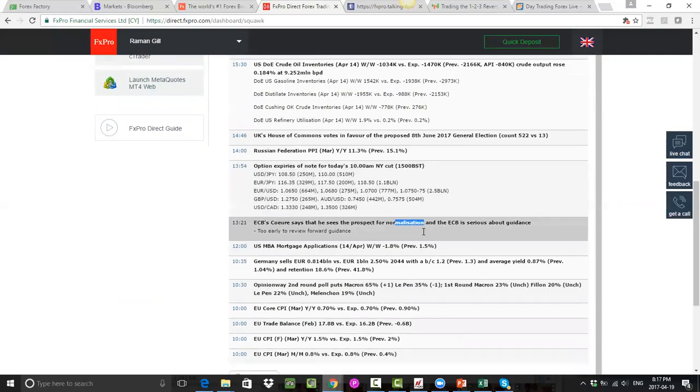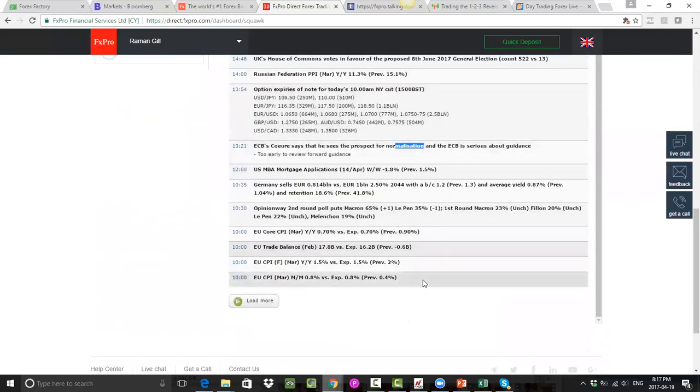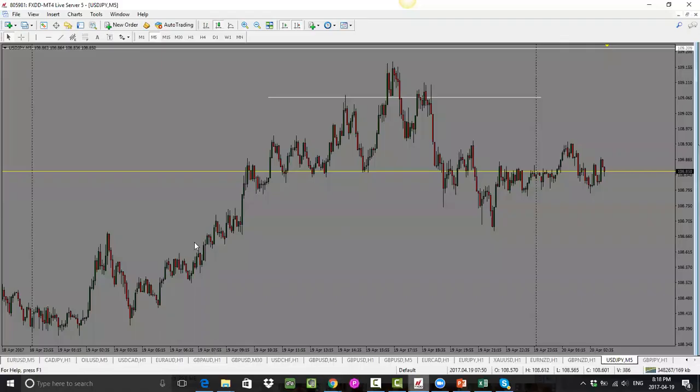Already we are starting to see, just like the Fed did before they actually started raising the interest rate, they talked about it, they hinted about it, they made comments about it. One of the reasons the central banks like to do that is so that they're giving the market time to adjust and get used to not having such a relaxed policy. So that's from a fundamentals perspective. Let's take a look at our pairs here and see what happened.